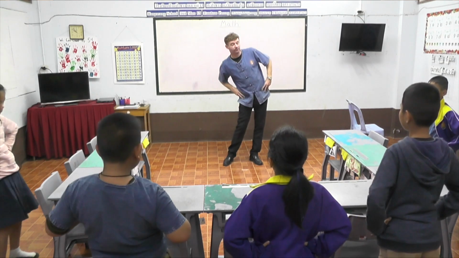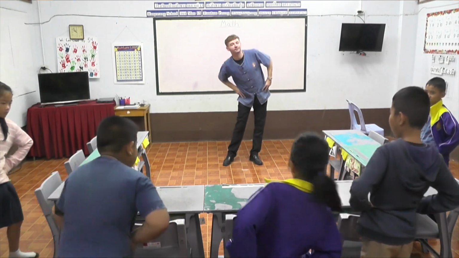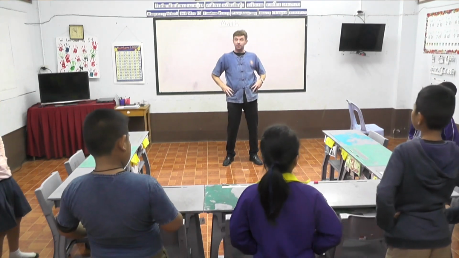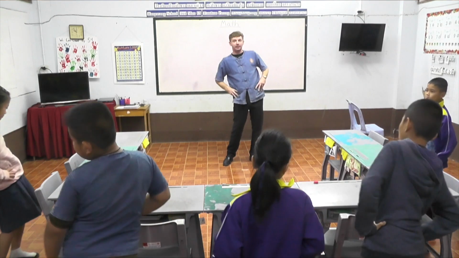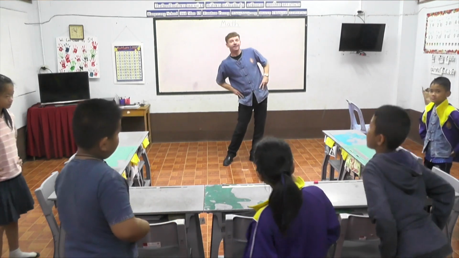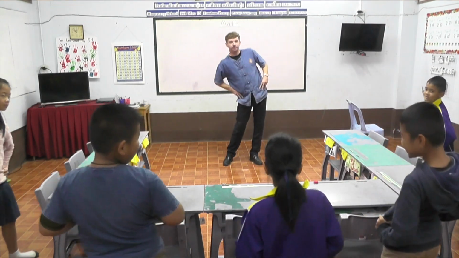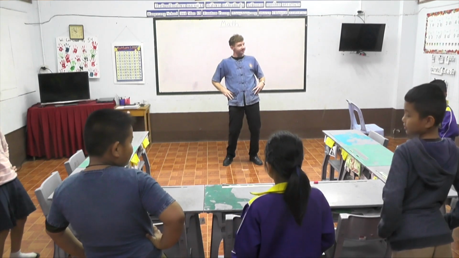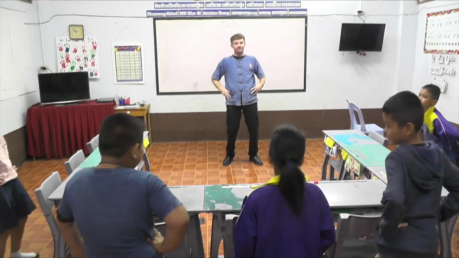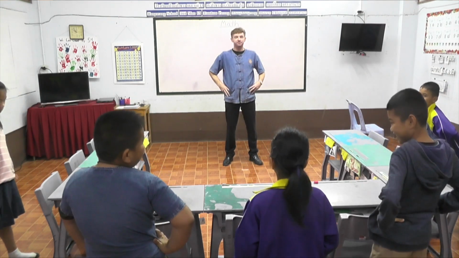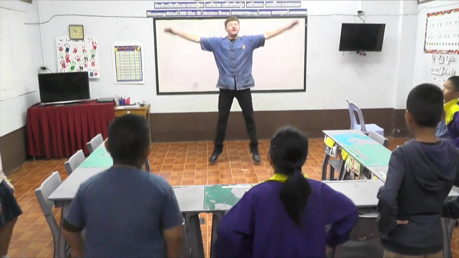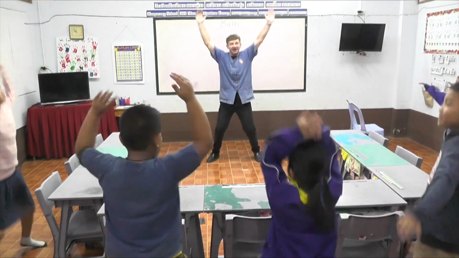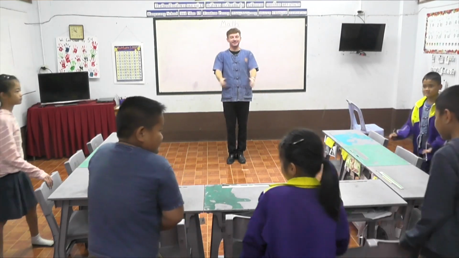Next we'll go rounds and rounds, and stop, and back the other way, and stop, forwards, backwards, forwards, backwards, and stop, and to finish we'll do 5 star jumps. 1, 2, 3, 4, 5. Excellent guys, have a seat.